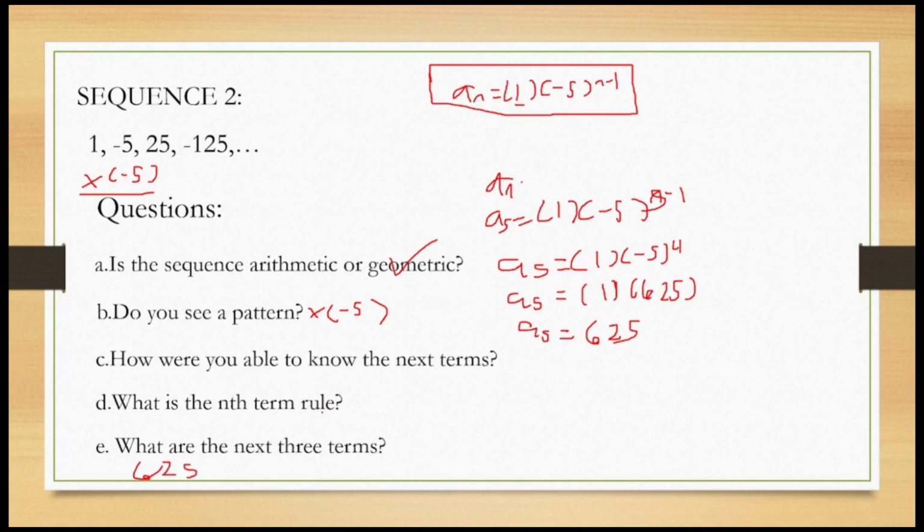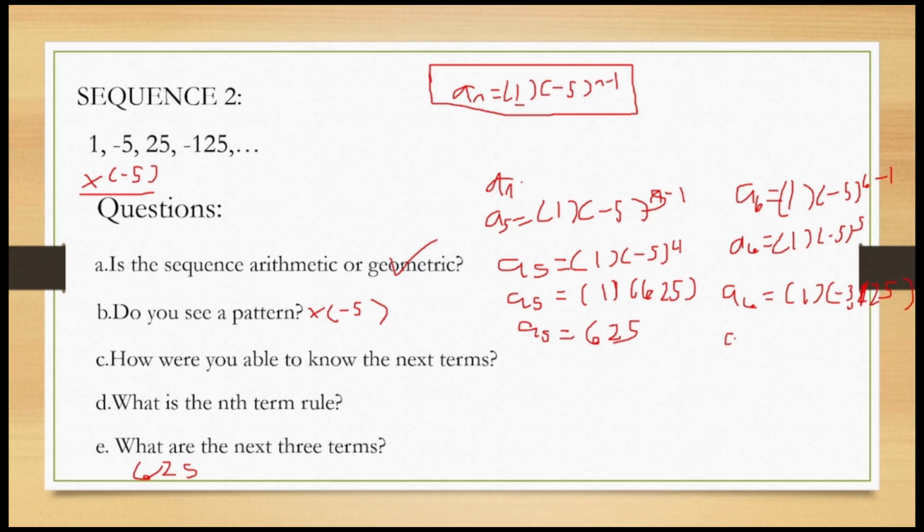Now let's solve for the next term, which is 6. a6 equals 1 times negative 5 raised to the power of 6 minus 1. a6 equals 1 times negative 5 raised to the power of 5. a6 equals 1 times negative 3,125.